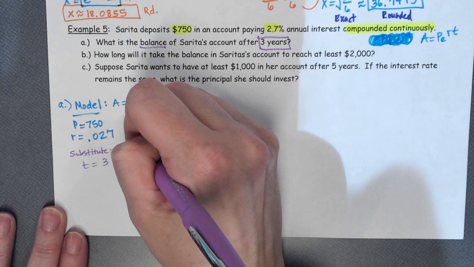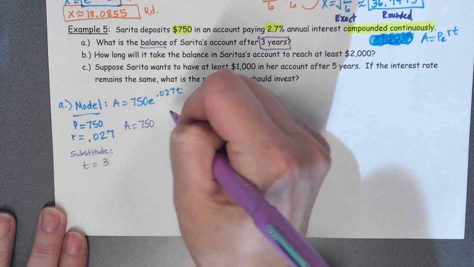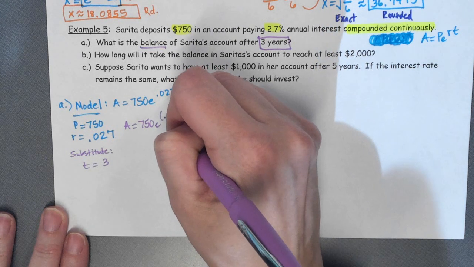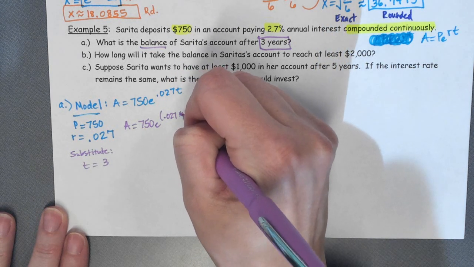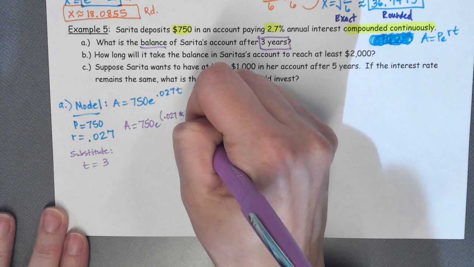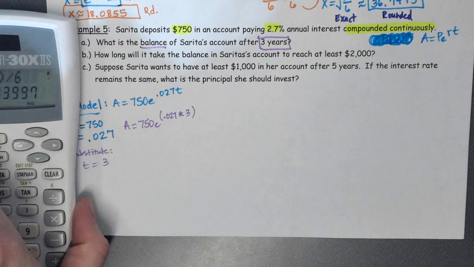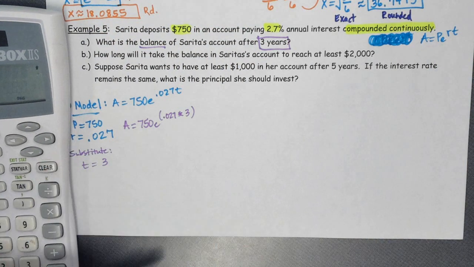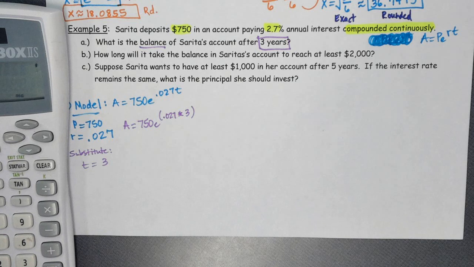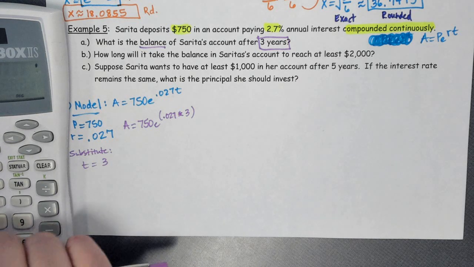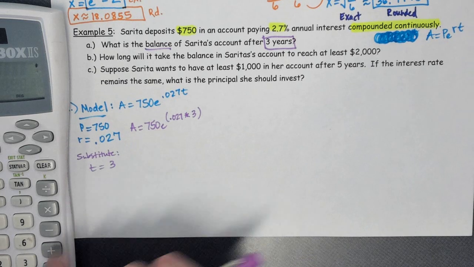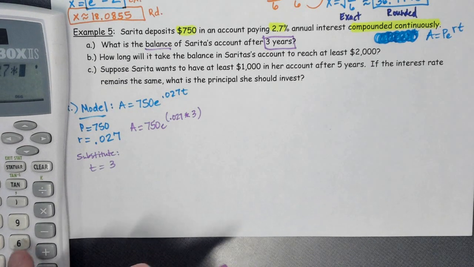That is something that you're going to use your calculator for. 750e to the power of, and then I'm going to use this times asterisk, so you know that you're plugging that all in together. Now, when you are dealing with money, you always round to what decimal place? Hundredths, yep, because that's going to be your change. That's going to be the nearest cent. So 750e to the 0.027 times 3.